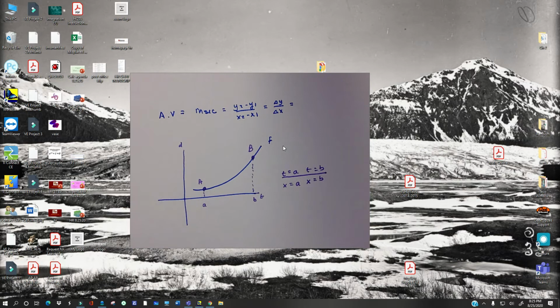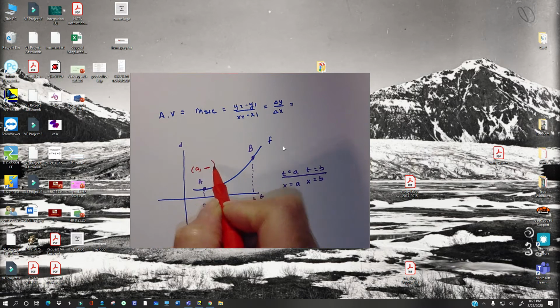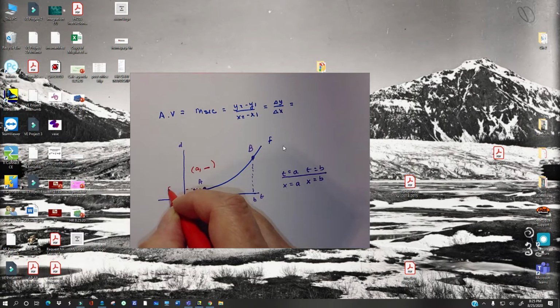So the idea is, what are the coordinates for point A? Well, point A, if x is a, what is y, right? Well, remember that this would be f of a. What is the function's height or output value? When I plug the a in, what do I get out?